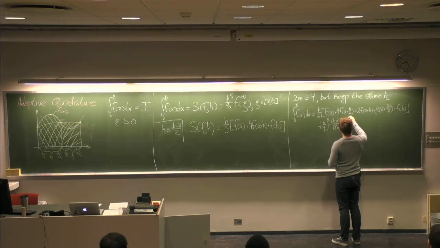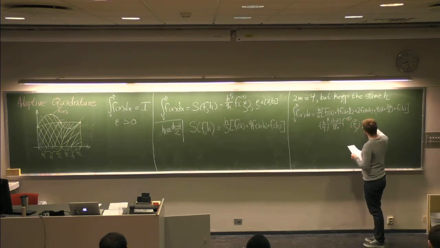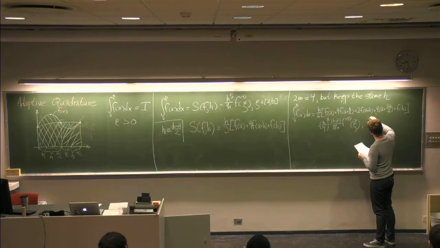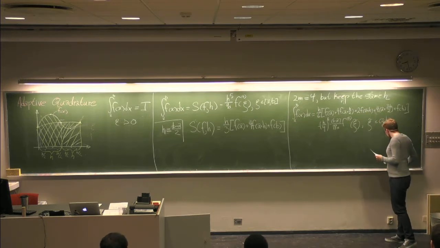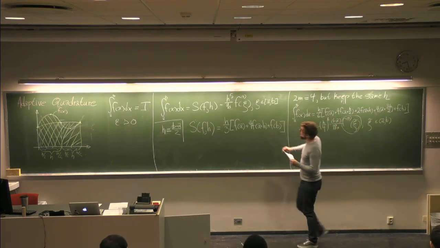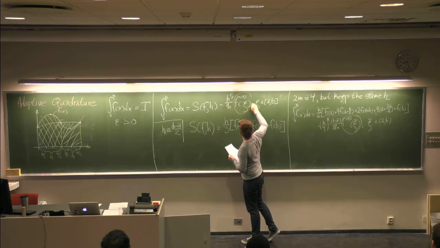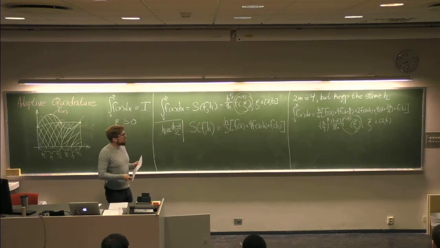And now the psi is going to be a different number, unfortunately. So the problem here is that this number and this number are slightly different because it's a different approximation.